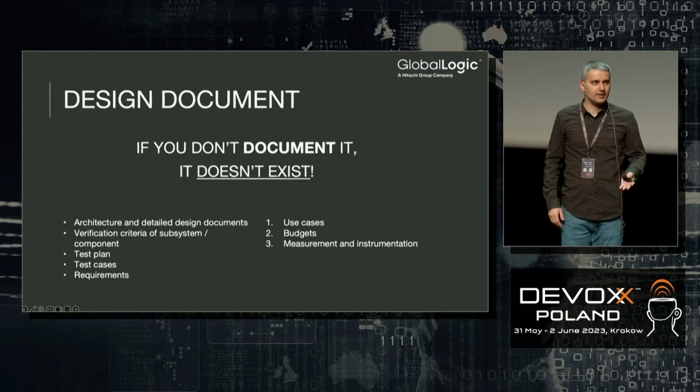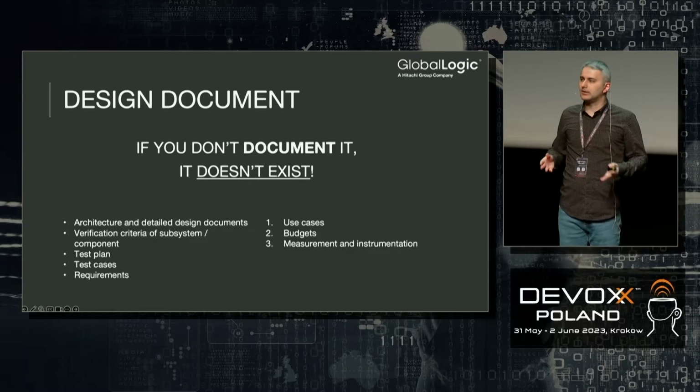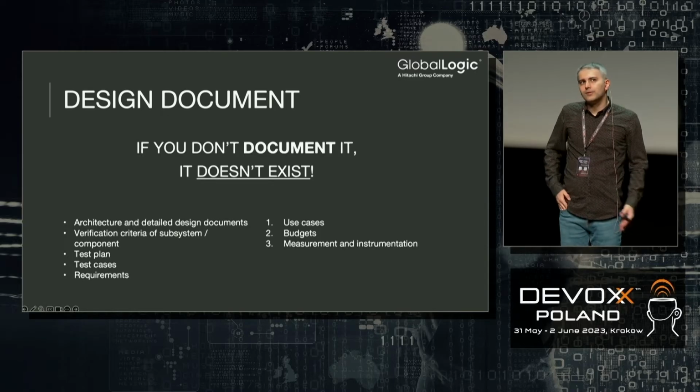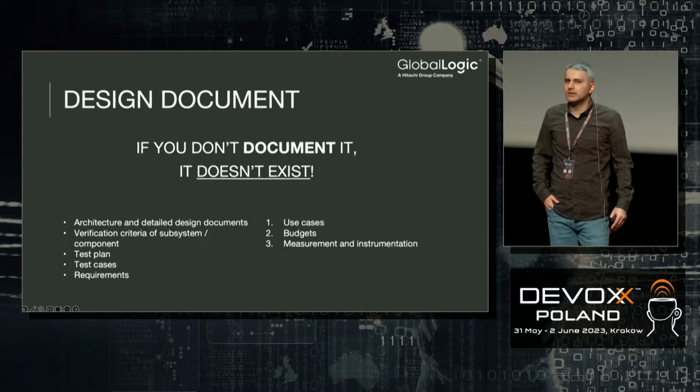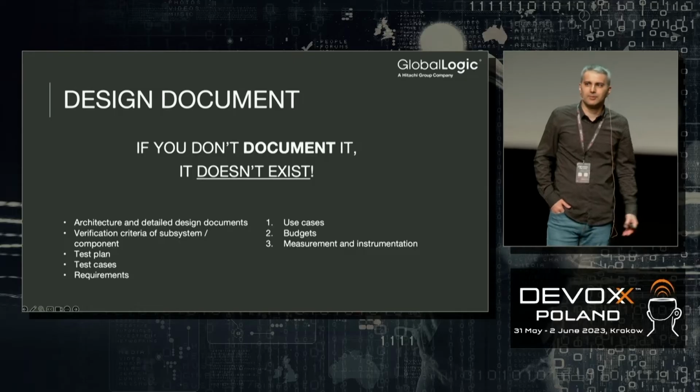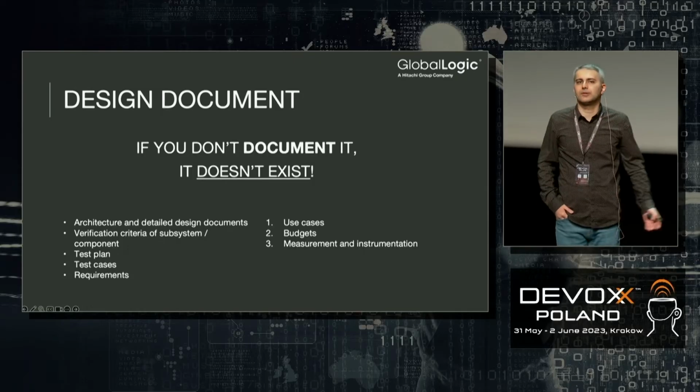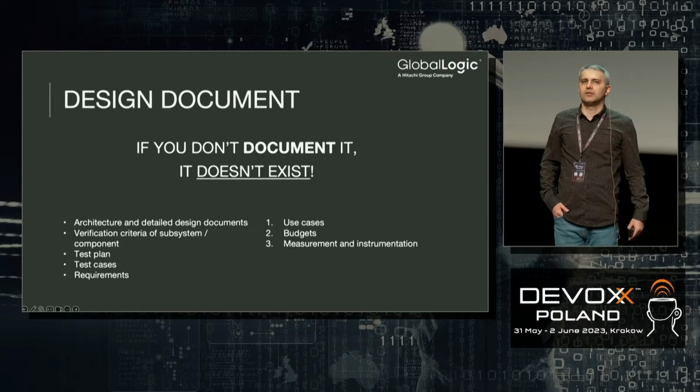Next. Design, documentation. I mean, how much do you document, really? Do you write 100-page documents? Usually no. But the problem is that any documentation is better than none. What is not documented doesn't exist. When I go into a new project and I want to read the code, there are hundreds of thousands of lines of code.